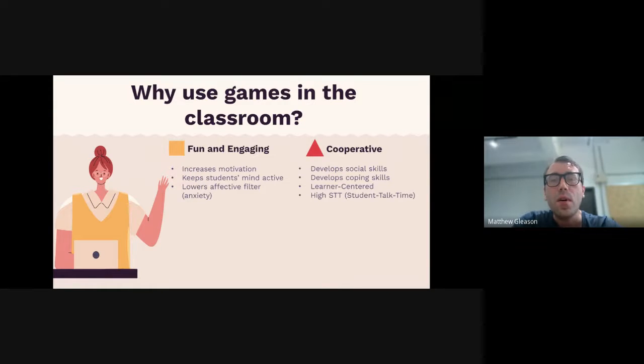And games also tend to be cooperative. Students are going to develop social skills. They're also going to develop coping skills. How do you deal with losing? The classroom is an opportunity for students to learn to grow socially and cope with losing in a supportive and positive environment. So you're going to have tears sometimes.